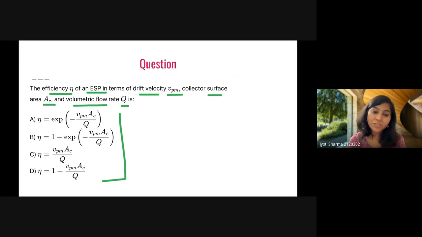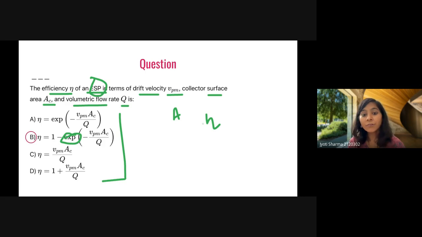Because we do not have a derivation here, you just have to learn, because there are some numerical questions on this. Venkateshwara gave me D, but it is not D. This is B. Here there is an exponent term also, because for ESP, to increase the efficiency, we have to increase the area exponentially.